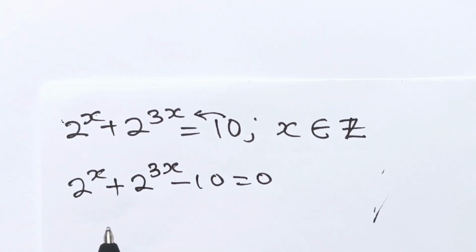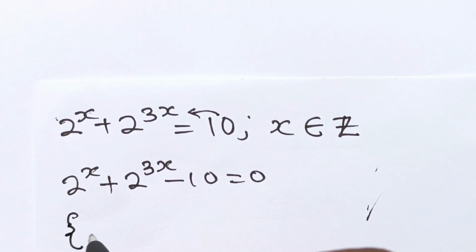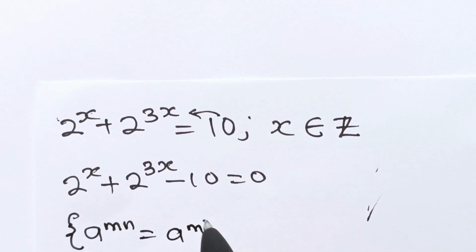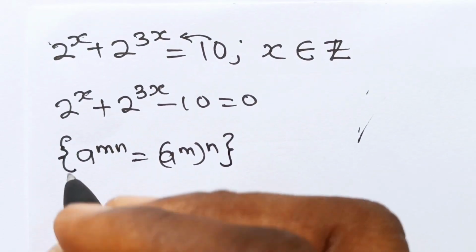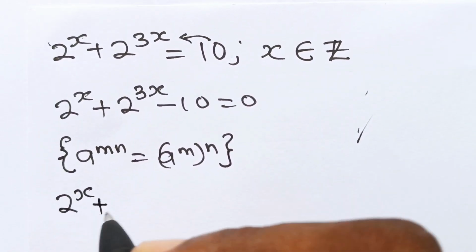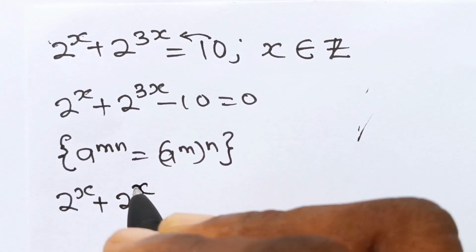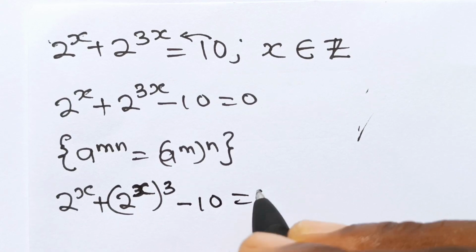Then let us note that a to the power of m times n is equal to a to the power of m raised to the power of n. So we have 2 to the power of x plus 2 to the power of x raised to the power of 3 minus 10 is equal to 0.